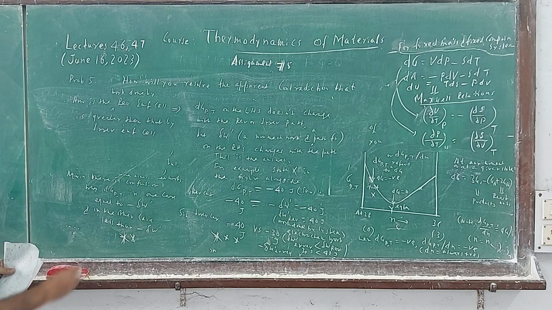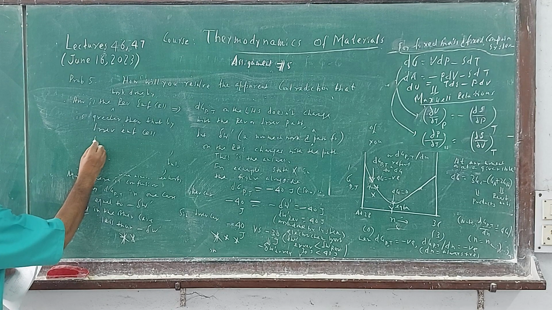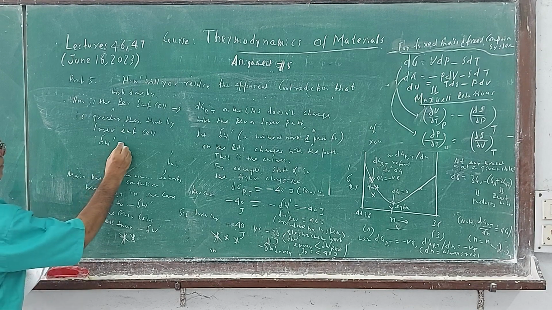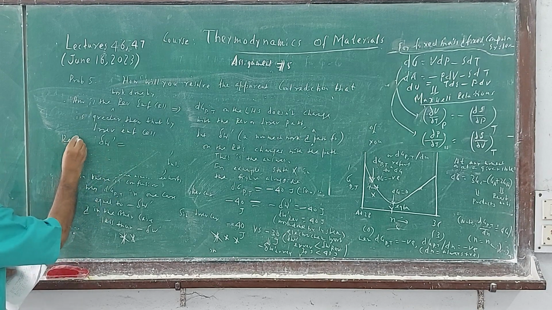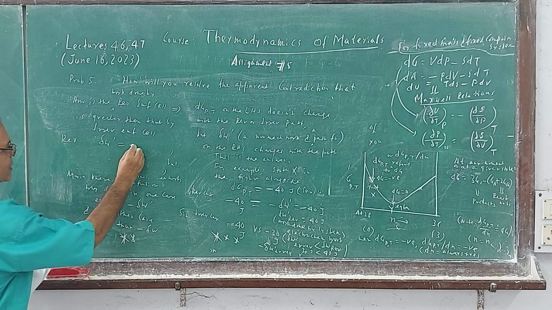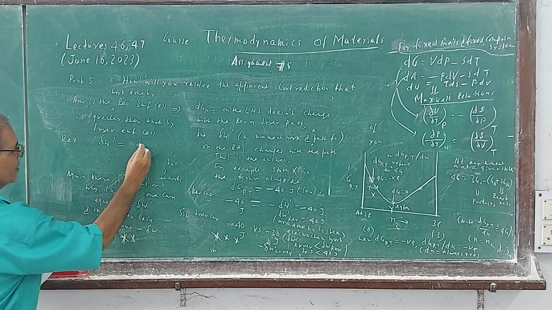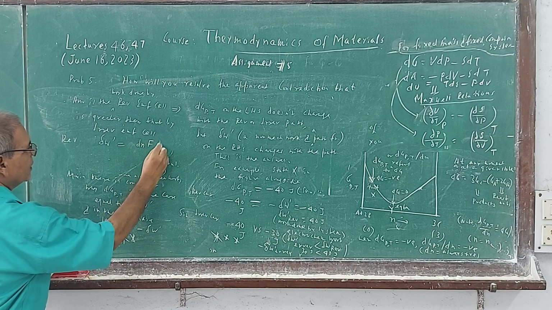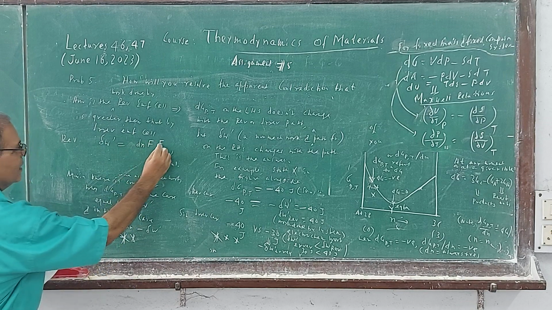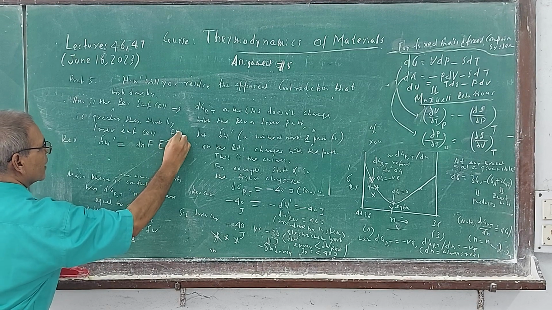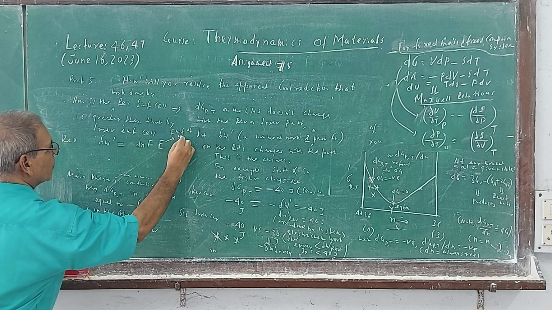For example, dG in terms of work done, the reversible work dW' is minus dn F E, where E is the reversible EMF of the cell.